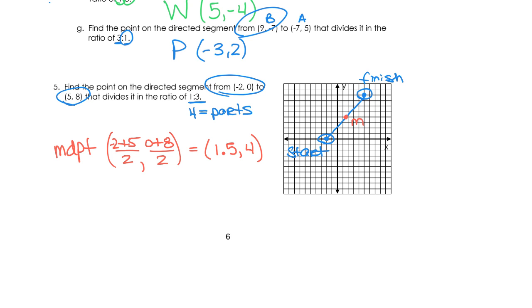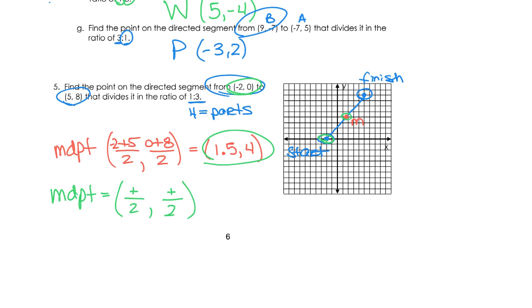But that only divides it into a 1-to-1 ratio. So we have to divide it into a few more midpoints. And so now I'm going to use the midpoint from -2, 0, which is my start, to 1.5, 4, which is my midpoint. That way I'll get another point in between there. So midpoint, midpoint, what do? Add them together and divide by 2.